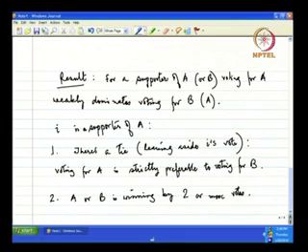In particular, the margin between these two candidates A and B can be 2, 4, 6, like that. It can never be an odd number because we have an even number of voters.